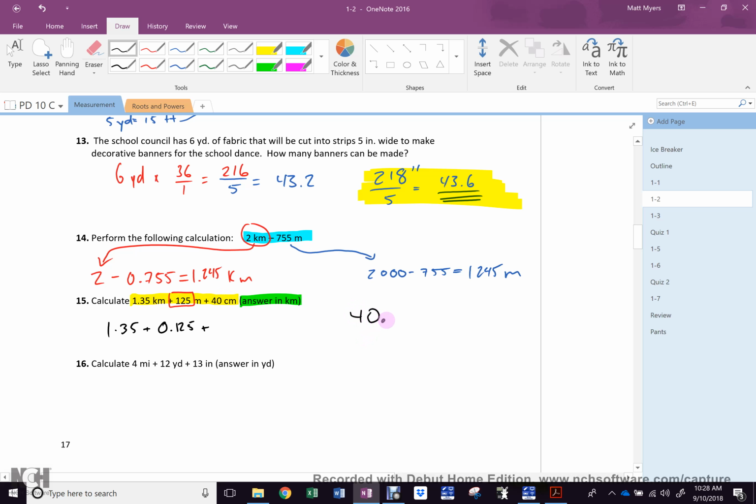After the 0, and it's got to move 5 spots, right? So 1, 2, what goes in the holes? 3, 4, 5. So I need 3 zeros. 0, 1, 2, 3, 4. Do I need that 4th zero? Of course not. And then I would add that up. 1.475, right?